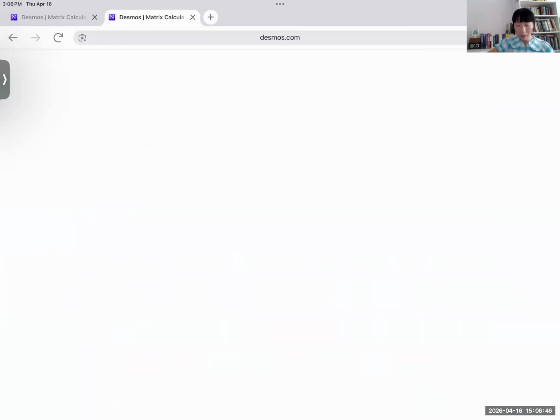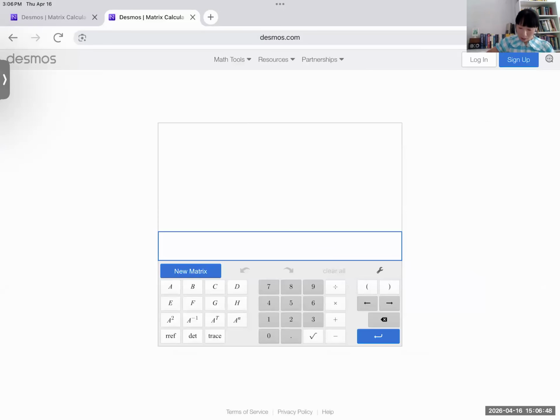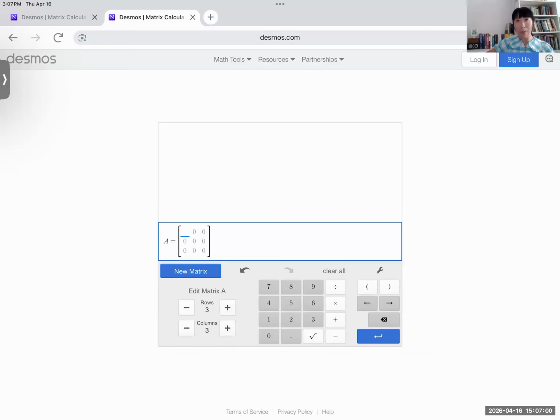Matrix calculator. Okay, A equal to, I click the new matrix and then 3 by 3, right? So row and column, 3 by 3. Oh yeah, we have to have another column 4, 5, 9, right? So another column, so 4. Yeah. So 1, 1, 1.